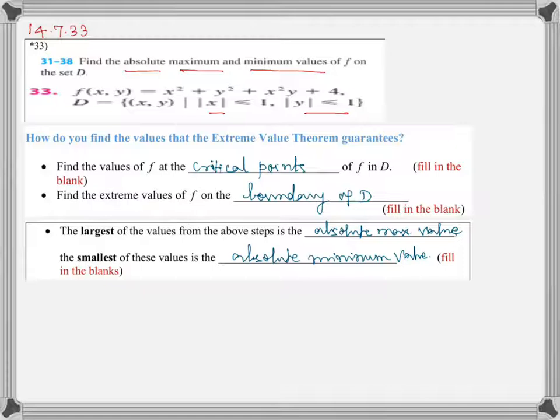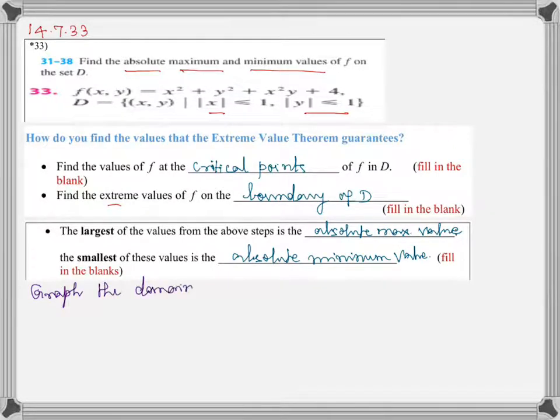This means that x lies between -1 and +1, and y lies between -1 and +1, which is a square. So depending on the boundary of D, this step can take a bit of time. It is computational. The largest of these values from the above steps is the absolute maximum value. The smallest of these is the absolute minimum value.